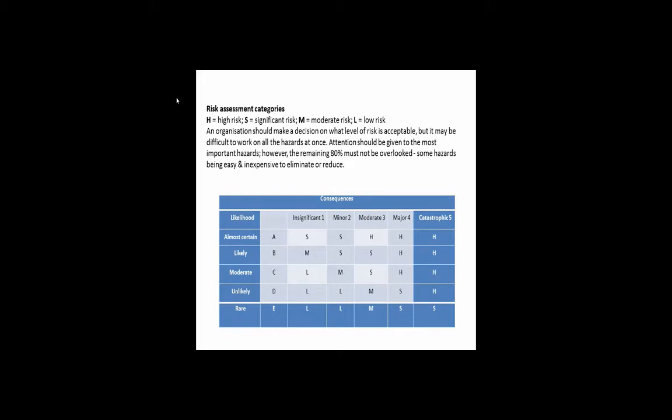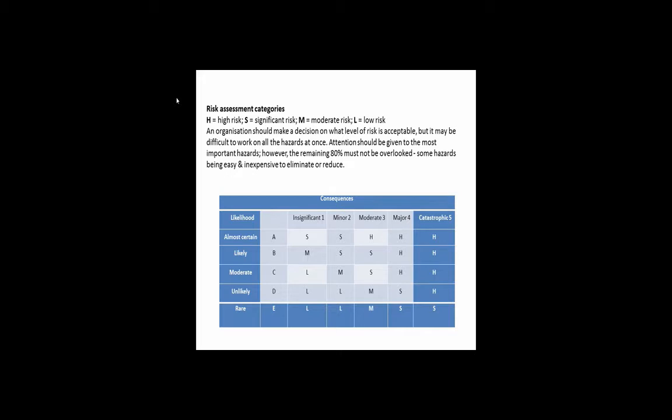Organisations need to make decisions on what level of risk is acceptable, but very often attention is given to the most important hazards, or the ones with the major consequences or likelihoods, and that's where these risk matrices come in.